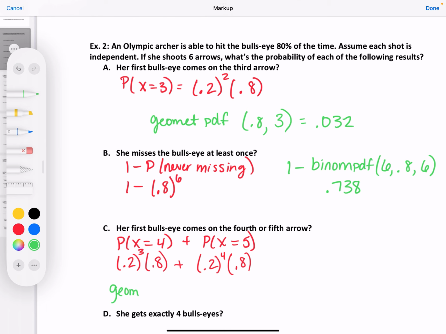So you would have geometric PDF of 0.8, and it comes on the 4th one, plus geometric PDF of 0.8 and 5. And if you type in geometric PDF and then hit the plus sign and then do the other one, it should let you do it all as one big strand. But if not, you can do each individual piece.